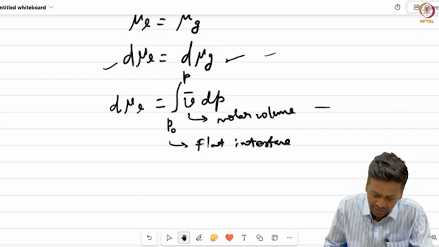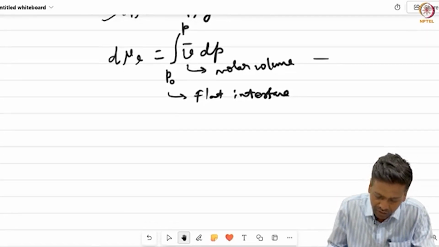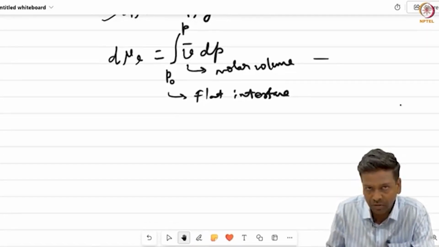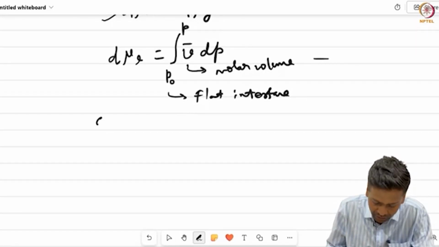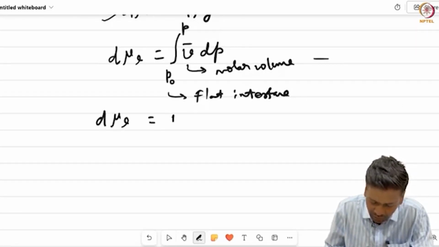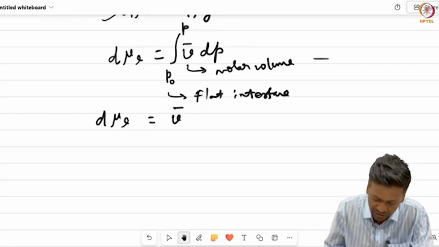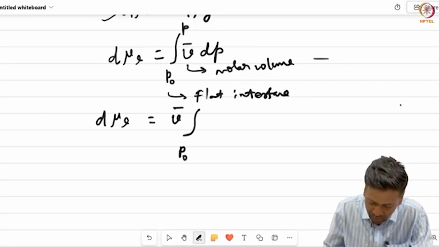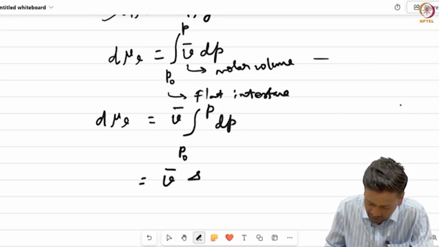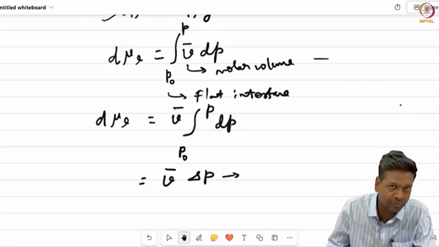Since we mentioned that it is an incompressible liquid, we can treat V bar as constant, so that V bar can be taken out of the integral. So we will simply have the integral of dP from P naught to P. Now this is simply delta P, and this delta P is nothing but the Laplace pressure.